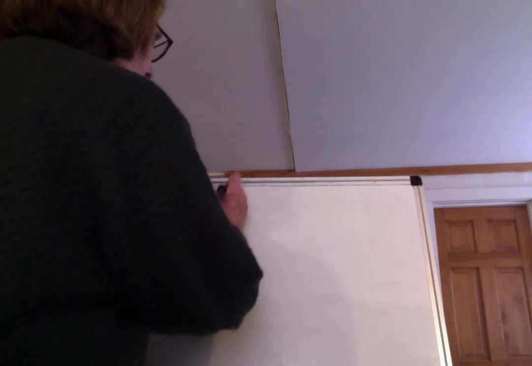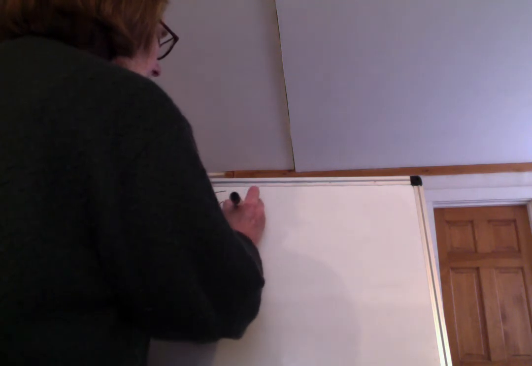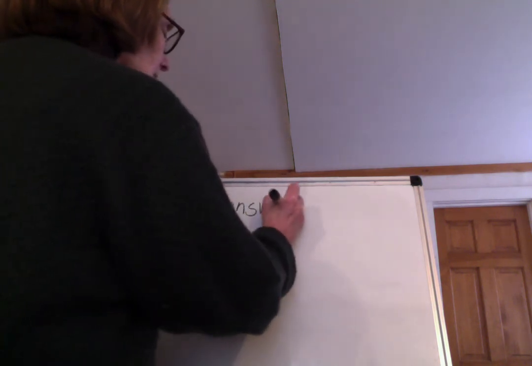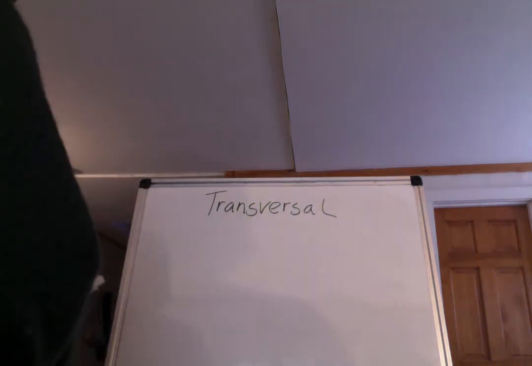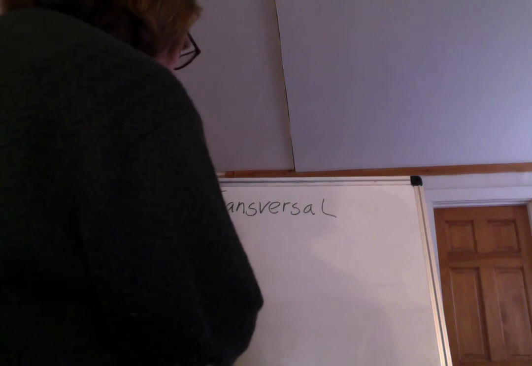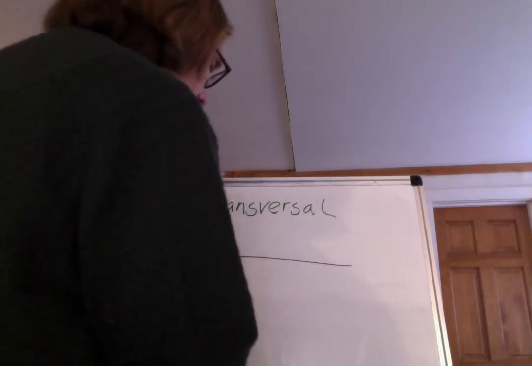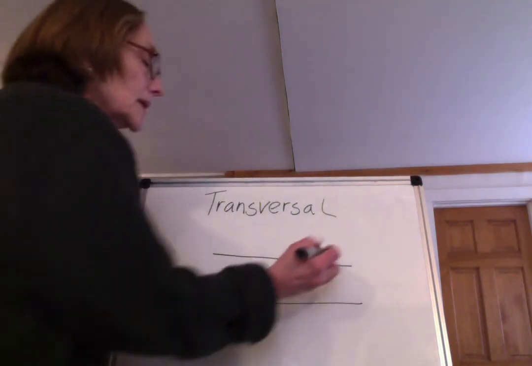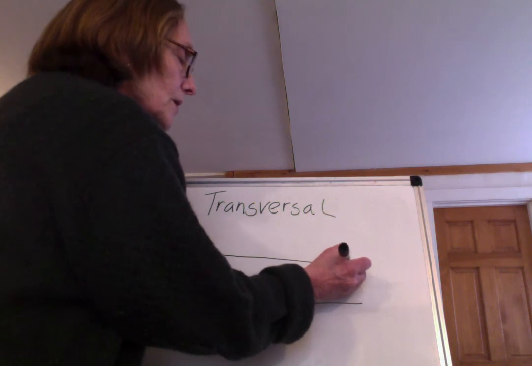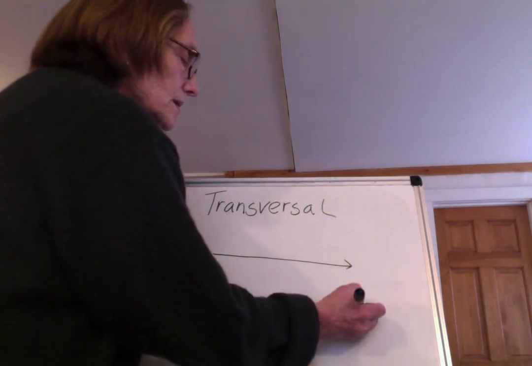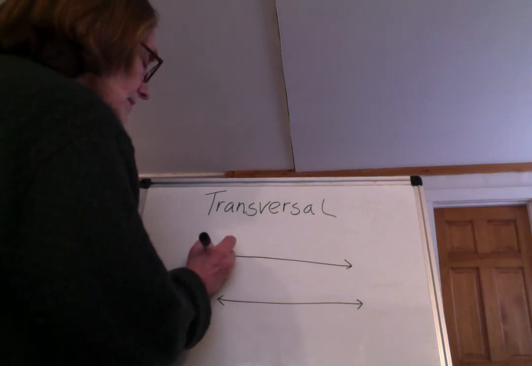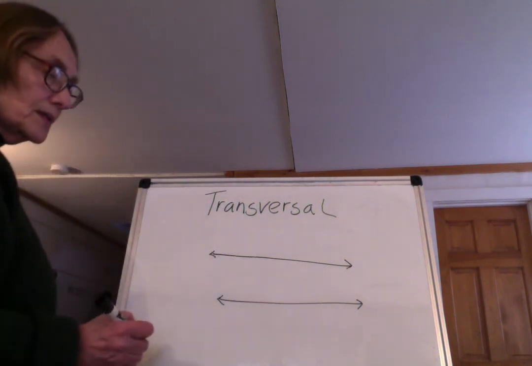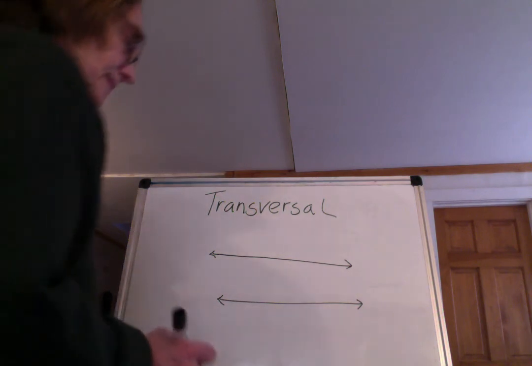Now I want to talk about transversal line. A transversal line is a line that crosses parallel lines. Here are parallel lines. They are lines that keep going, and they never cross. They just keep going.